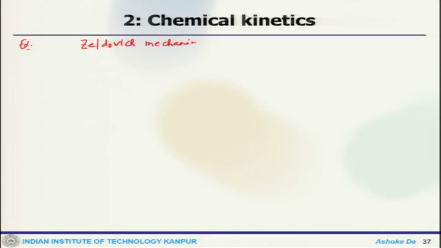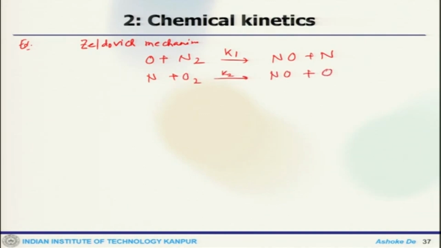So, we take that for NO formation, where you have O plus N2, with K1, the first step forms NO plus N, and N plus O2, with K2, gives NO plus O. So, here this first reaction is slow and rate limiting, while the second one is quite fast.